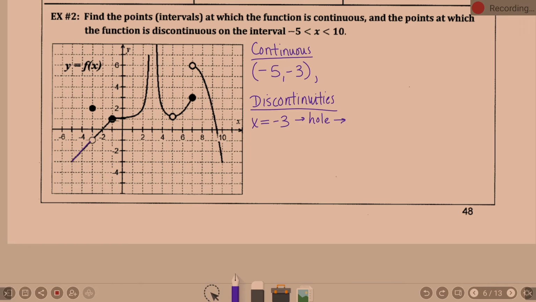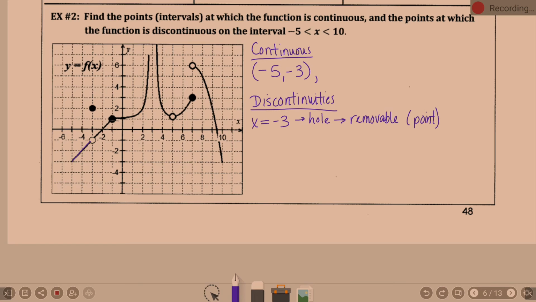In my brain, I was looking for removable, although I would agree that it is a point discontinuity. Does that make sense? So my brain was looking for removable, but we could also talk about it as a point discontinuity. Okay, continuing along. Now what?